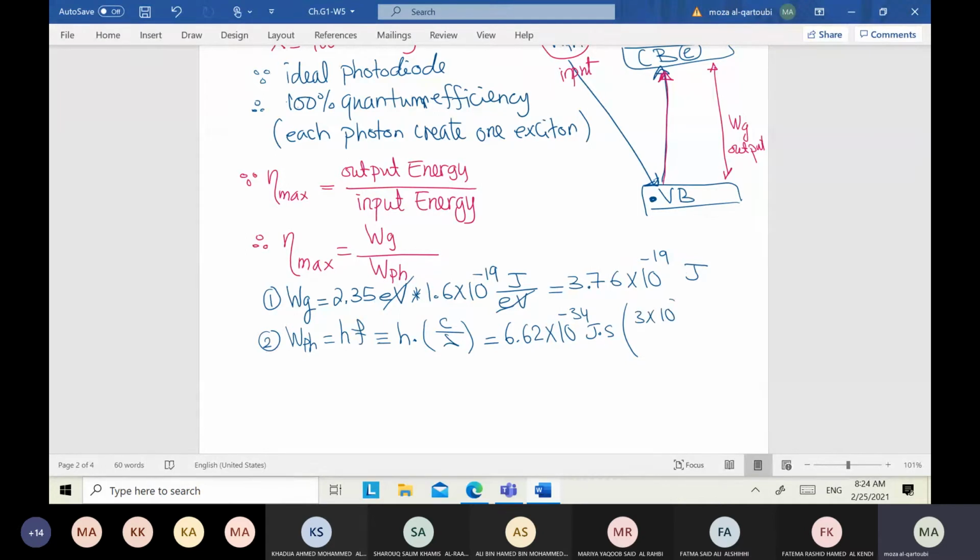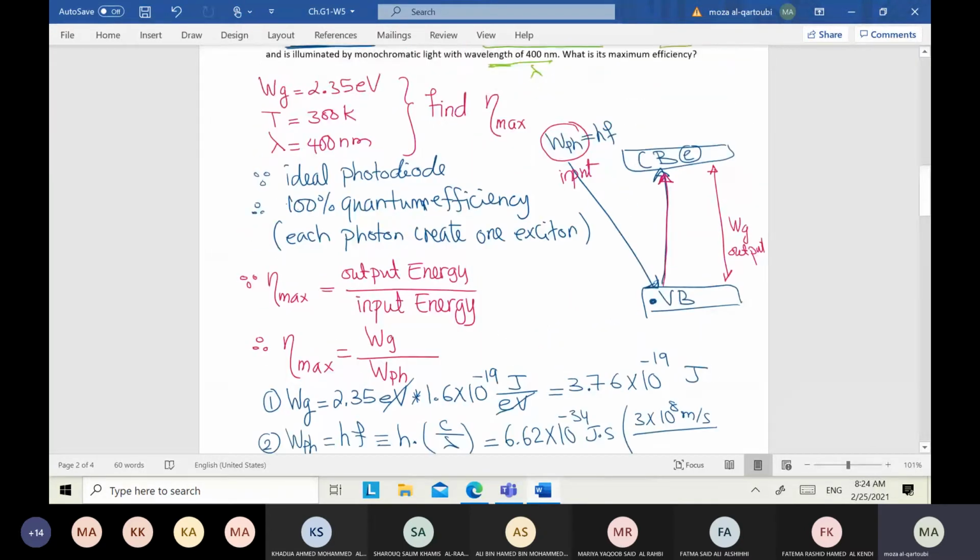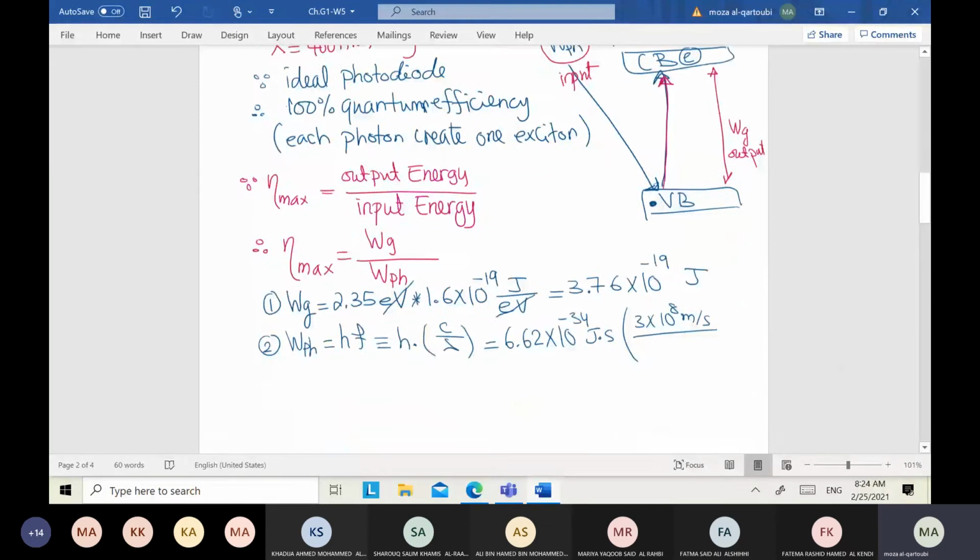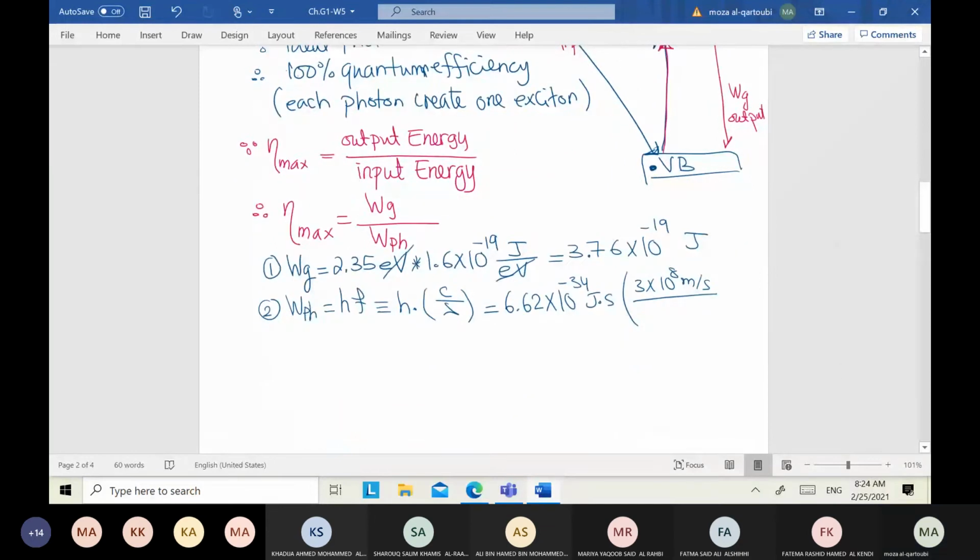In this question lambda equals 400 nano, so 10 to the power minus 9 to change from nano to meter. Meter cancels with meter, second with second, and we find only energy in joule.